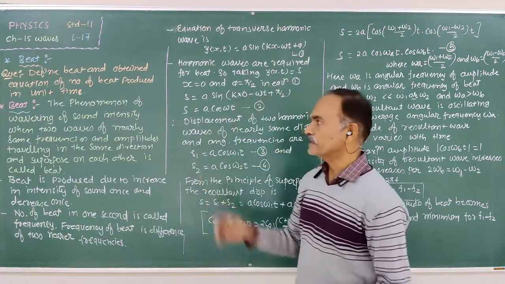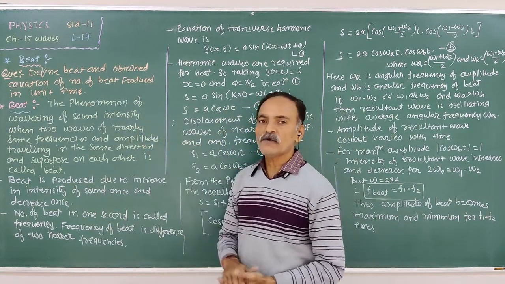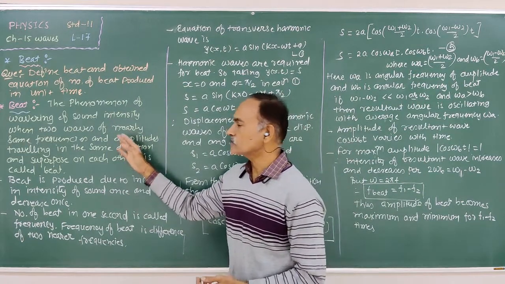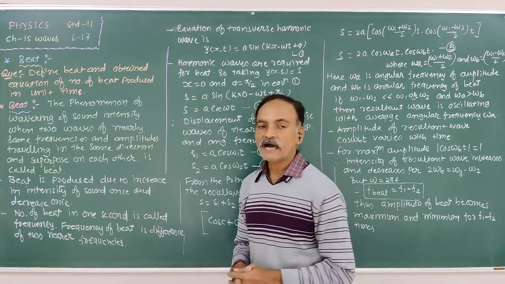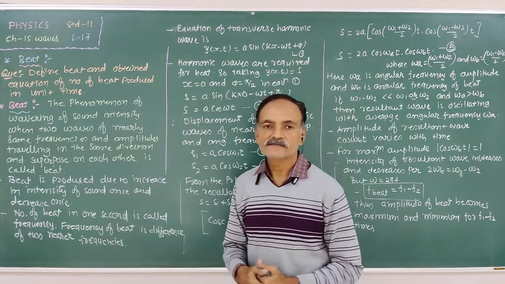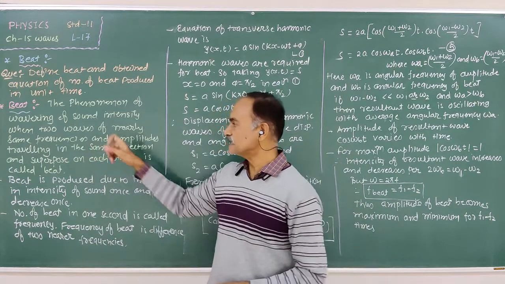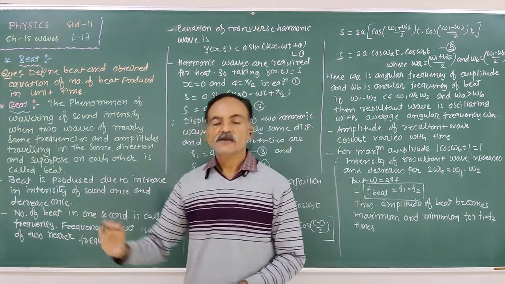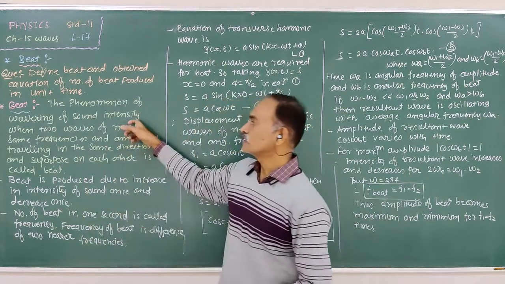Now first, what is the beat? The beat means the phenomenon of varying of the sound intensity when two waves of nearly the same frequency and amplitude, traveling in the same direction, are superposed on each other.